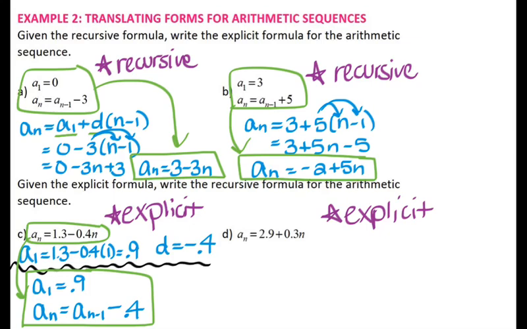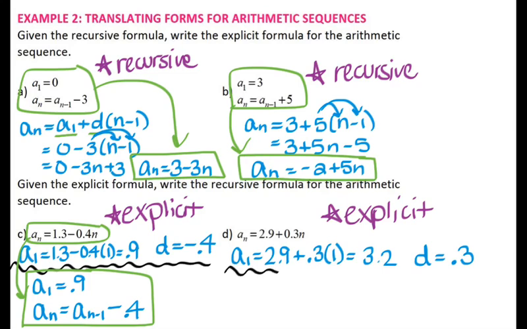Letter D, we're going to do the same thing. So I need to find my first term. My first term, I'm going to take 1 and plug it in for n. So 2.9 plus 0.3 is 3.2. My common difference is what's in front of n, so that's 0.3.